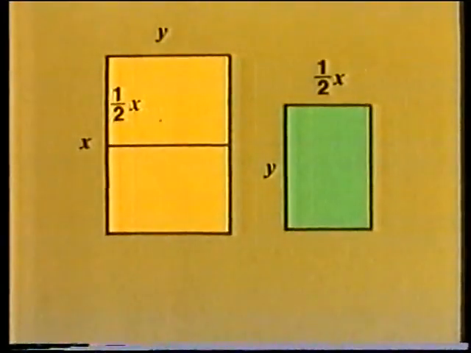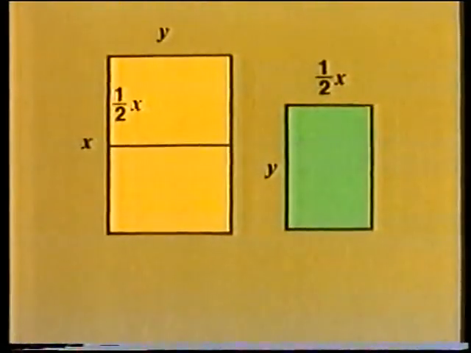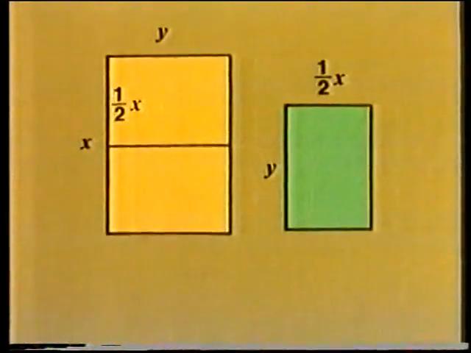Now let's take a copy of one half and rotate it through 90 degrees. We want this piece to be the same shape as the original. We can express this algebraically by expressing the ratio of height to width in terms of x and y.